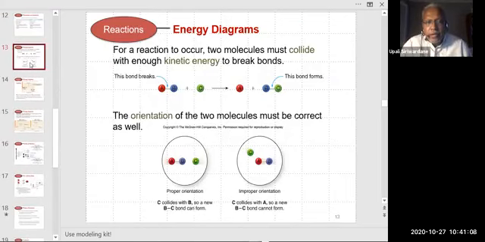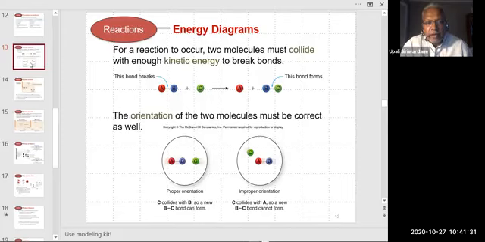So we draw an energy diagram to show the potential energies of reactants relative to products and the transition state. For a reaction to occur, two molecules must collide with enough kinetic energy to break bonds.